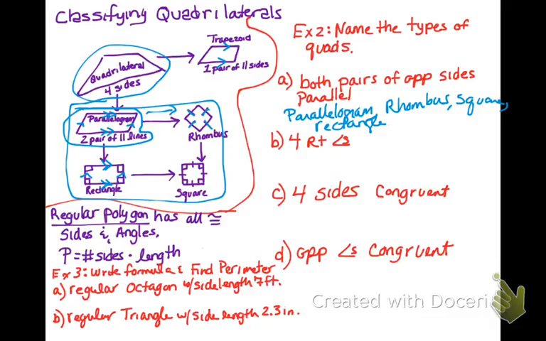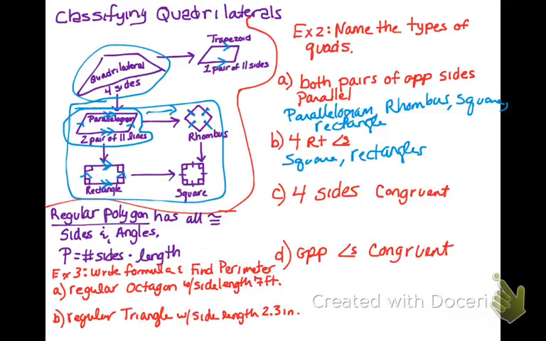Okay, please tell me all of the ones that have 4 right angles. Square, rectangle. Rhombus? They don't. Oh, no, wait.